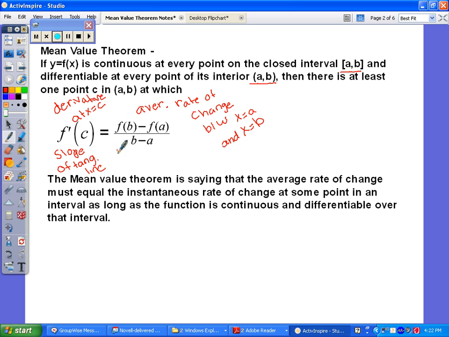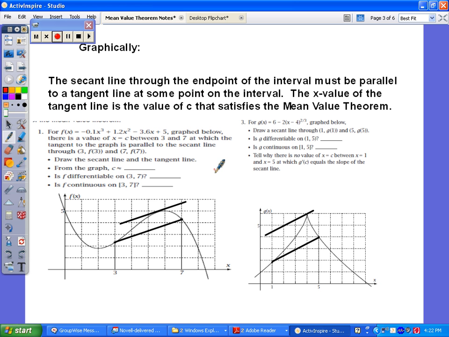And f of b minus f of a all over b minus a, remember, is the slope of the secant line. So graphically, this theorem is saying that the slope of the tangent line must equal the slope of the secant line at some point on an interval a, b, as long as it's continuous and differentiable.